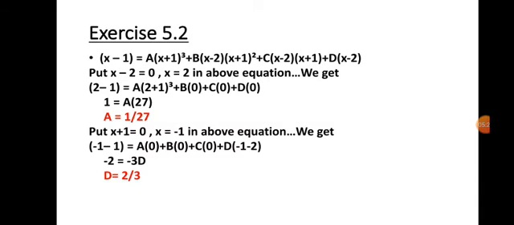But when we put x plus 1 equal to 0, the value of x will be x is equal to minus 1. In the above equation we will get minus 1 minus 1 is equal to A into 0, as in the first term there is x plus 1, so it will be 0.